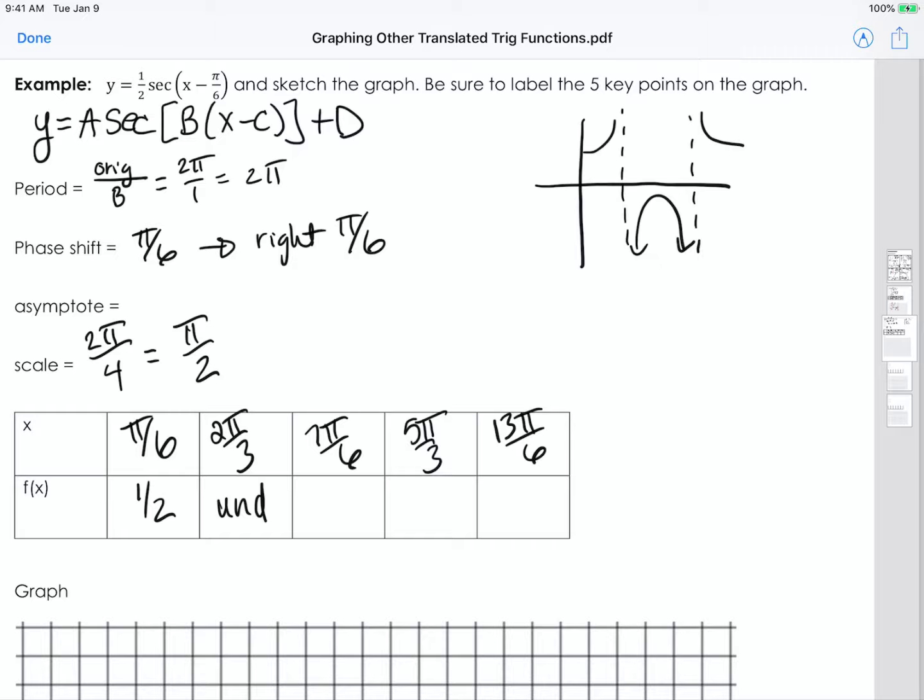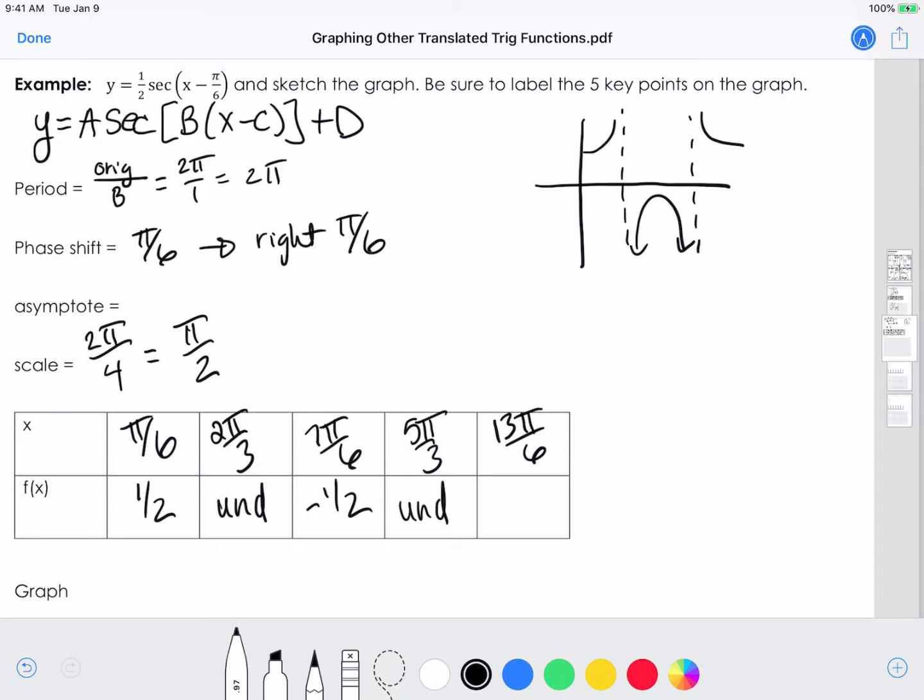Then my next point would be at -1, but since we're cutting it in half, that's going to be -1/2. Then my next point would be where it's undefined. Normally, the last point of the cycle for secant stops at 1, but because we have a vertical compression by 2 and everything's getting cut in half, that is now going to be 1/2.